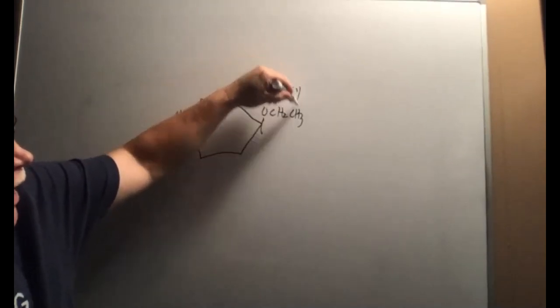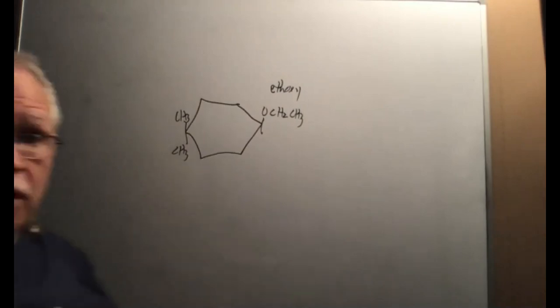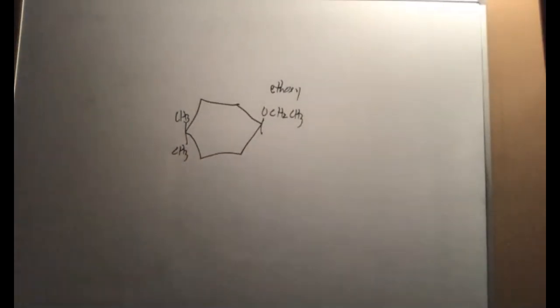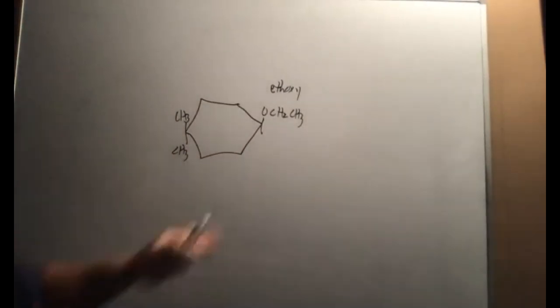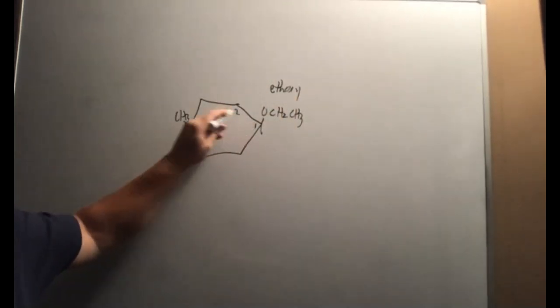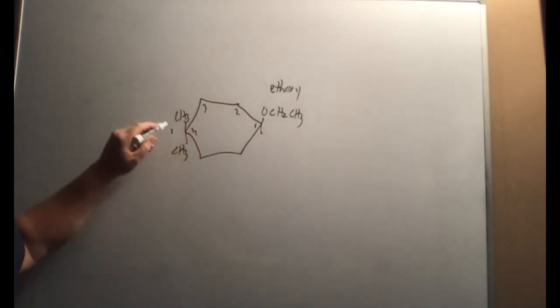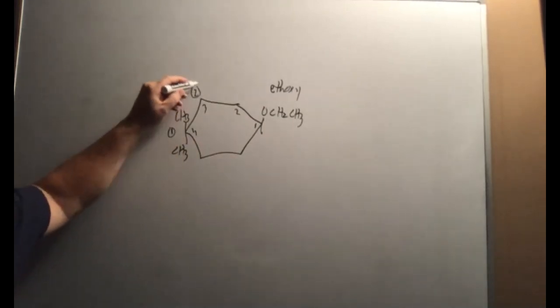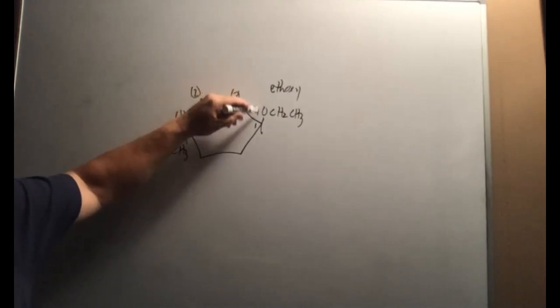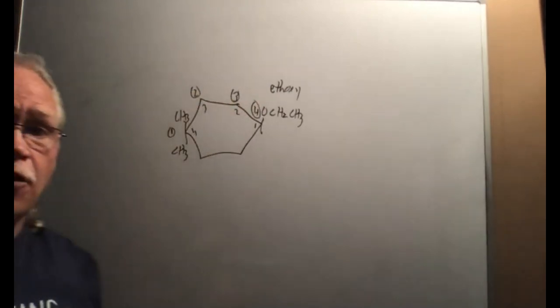It's an ethyl group attached to the oxygen. And over here we have methyl groups. Now this one's first in the alphabet, but do I number 1, 2, 3, 4, or do I number 1, 2, 3, 4? Which is correct here and why?